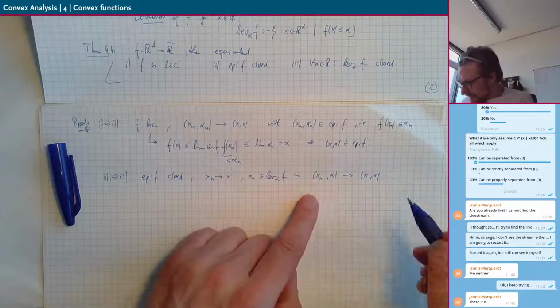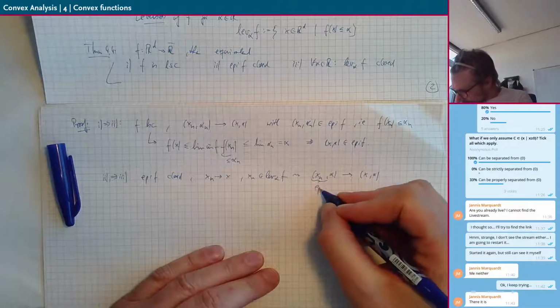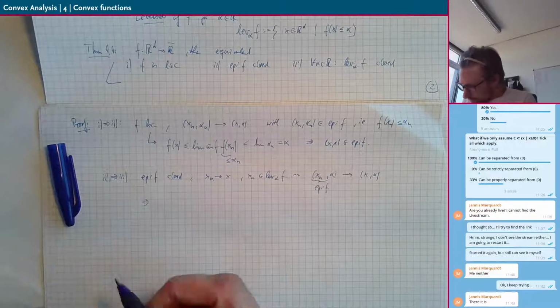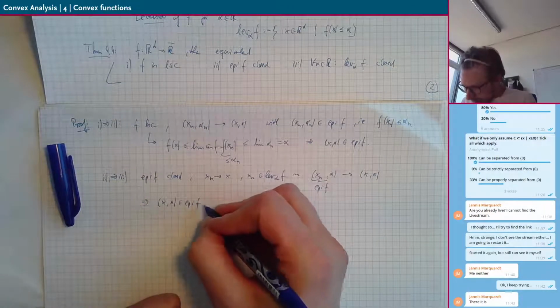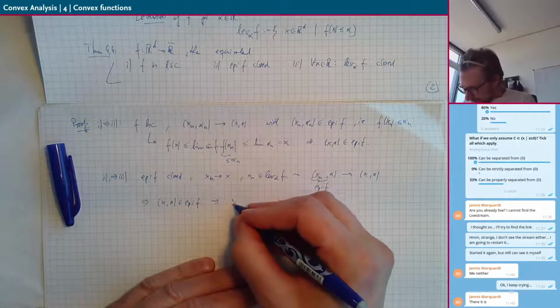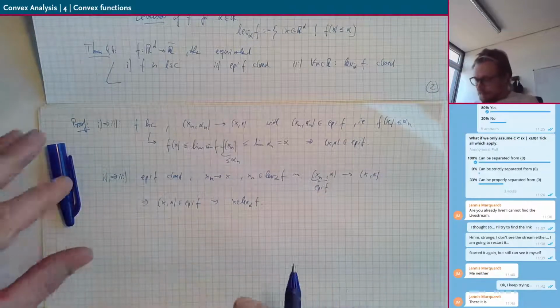If this is in the level set, it's also in the epigraph. And by the closedness of the epigraph, we see that x alpha is also in the epigraph of f, and this actually means that x is in the level set of level alpha of f. So that's totally straightforward.